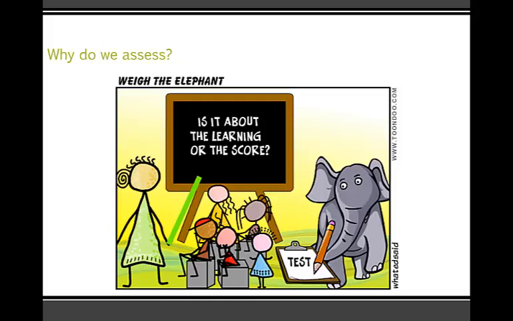I'm not advocating for teaching to the test. However, I think it's really important to understand that beyond your classroom, there's going to be another grade level, and beyond that, another grade level, and eventually beyond that is a college or a career. And being really aware of how your assessment practices help your students to understand their own learning, to show their own evidence, and be prepared for what's going to come next is really important.